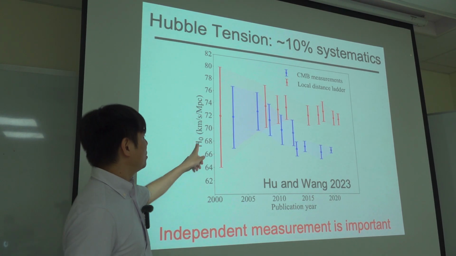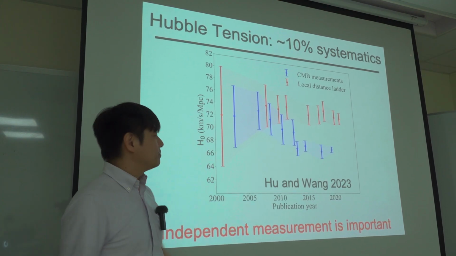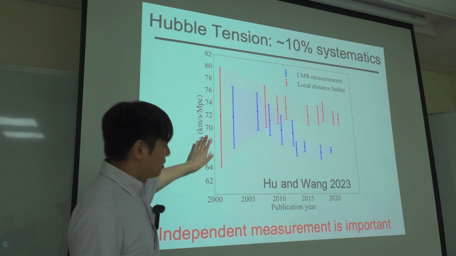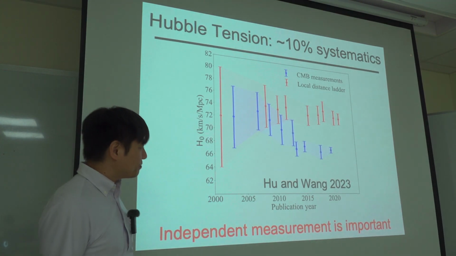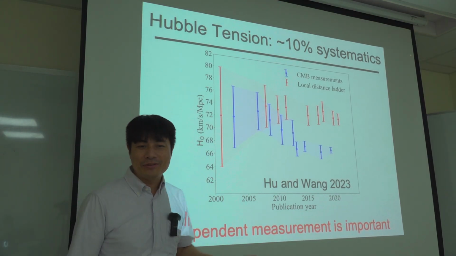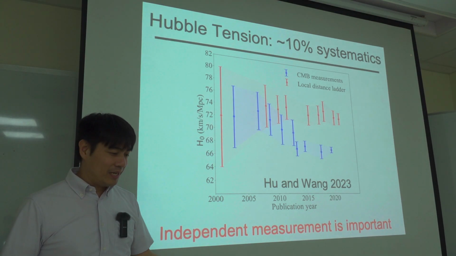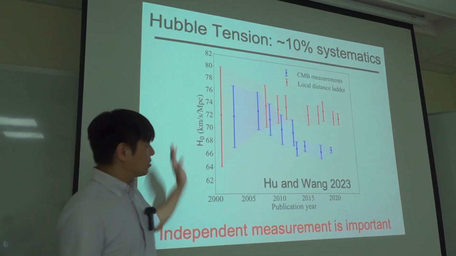So this represents the expansion speed of the universe. Therefore, we really want to measure this accurately in astronomy, because this tells you the approximate size or age of the universe. Very important.